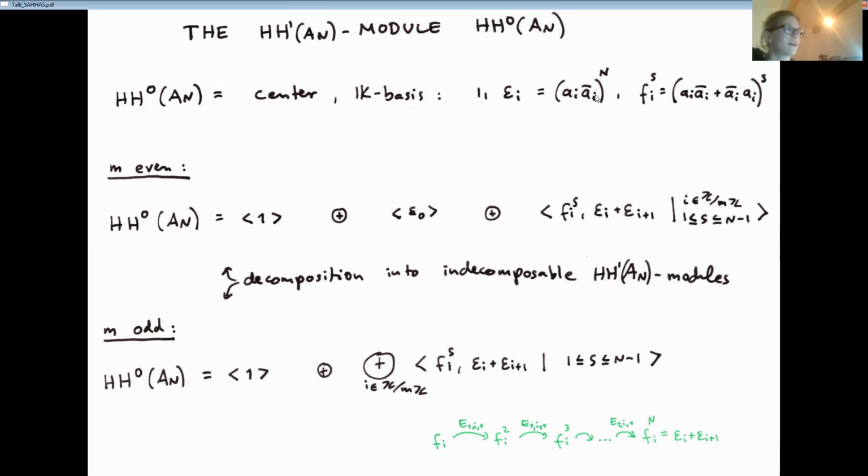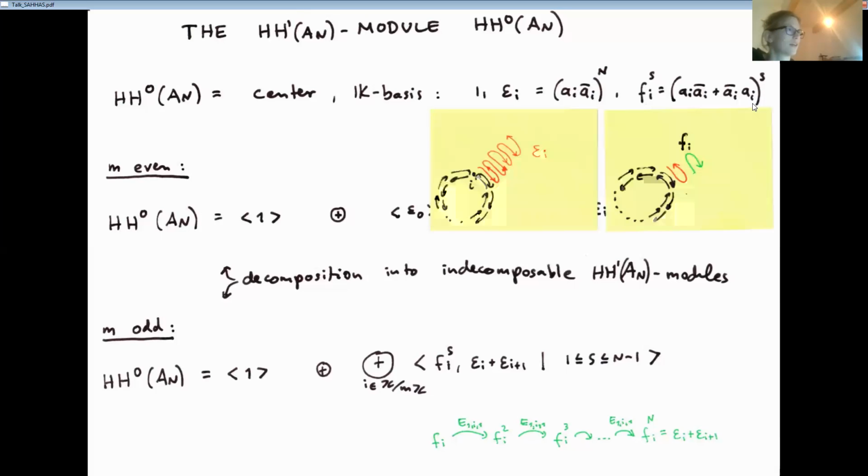And then other basis elements include cycling n times around one vertex, and taking the S power of cycling in both directions. That is, as a picture, you can imagine it like that.